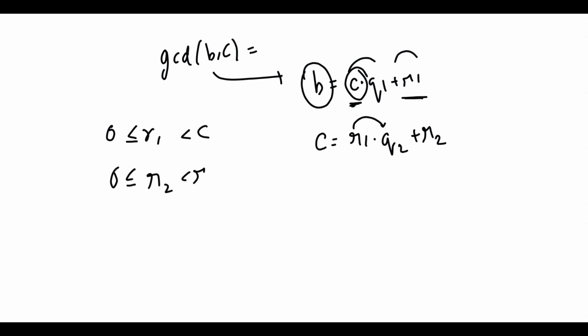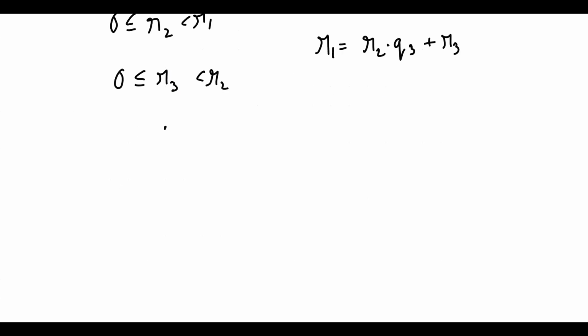R2 will be less than r1. If we divide again, r1 is r2 times something plus r3, and r3 will be smaller than r2. It can go on for many steps depending on the number.